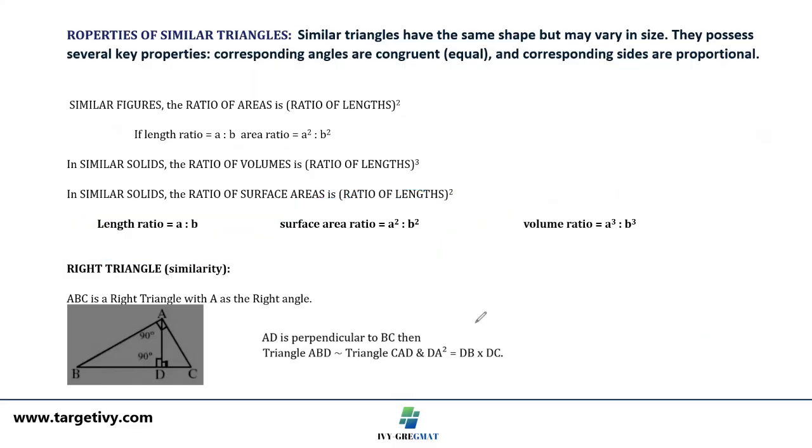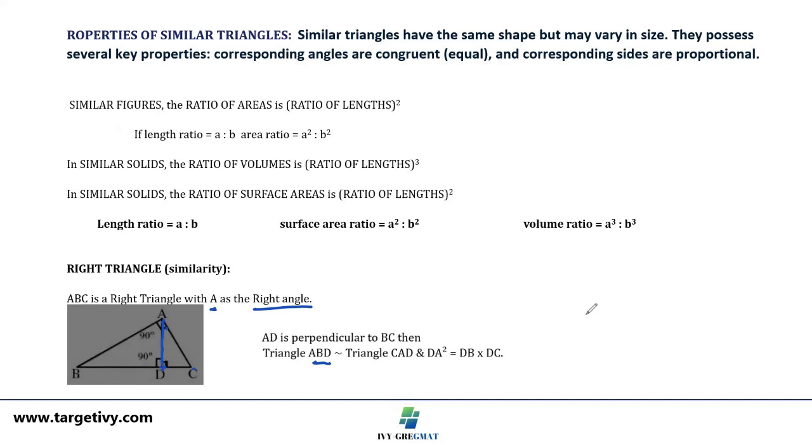Not much of a hassle here, but we may come across something like right angle similarity. ABC is a right angle triangle with A as the right angle. If AD is perpendicular to BC, so this is a perpendicular dropped onto BC, then triangle ABD is similar to triangle CAD.